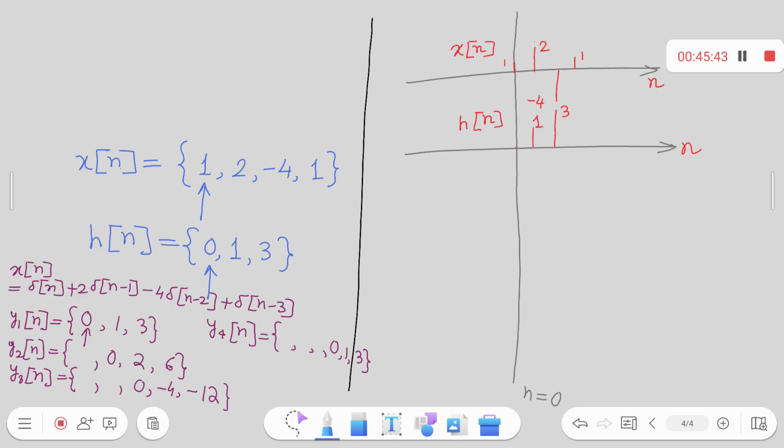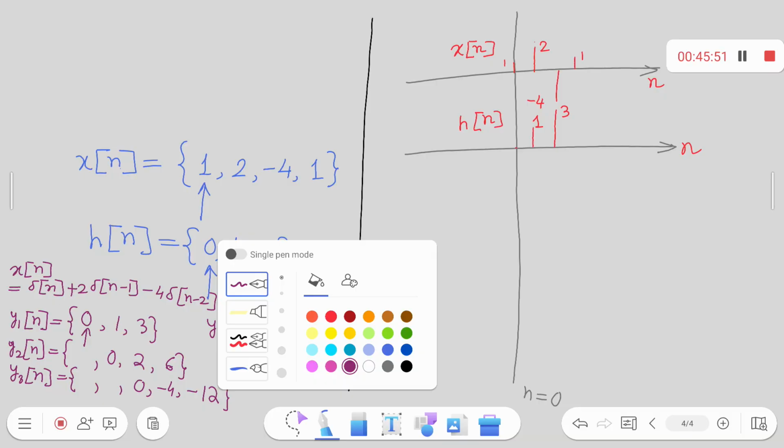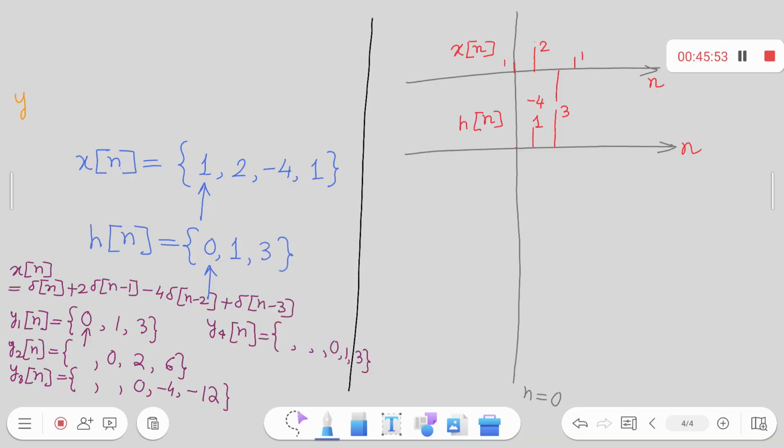So what should be the final output then? If you add them together, what should be your y of n? At location 0, add them together, it will be 0.